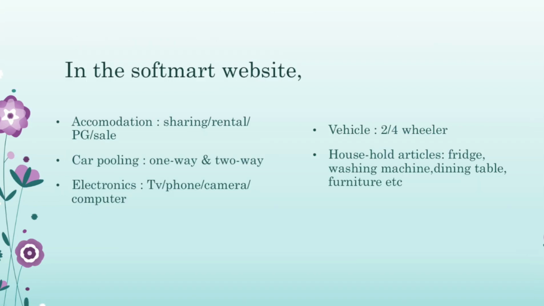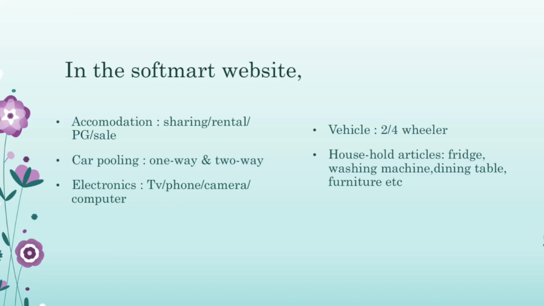In this Softmart website we have different categories like accommodation, carpooling, electronics, vehicles, household articles. Under accommodation you can get sharing rooms, rental rooms, PGs, and if anyone is willing to sell any room or flat, they can also give a classified ad in that.